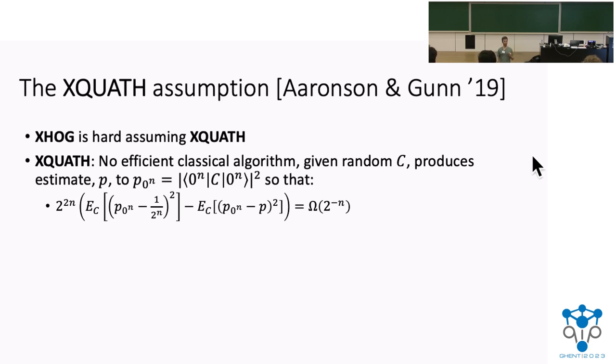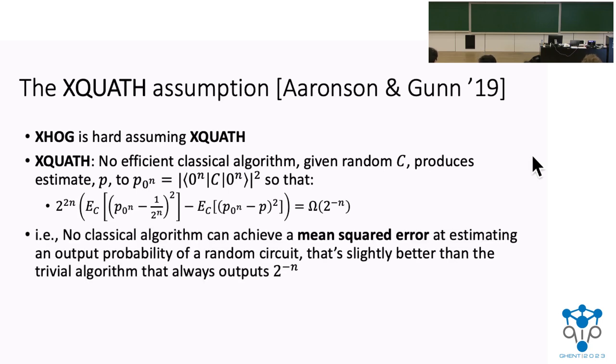It's really comparing two different algorithms and saying that there's no way to do even a little bit better than the trivial algorithm, which given a random quantum circuit always outputs 1 over 2 to the n. Or summarized, no classical algorithm can achieve a mean squared error at estimating an output probability of a random quantum circuit that's even slightly better than the trivial algorithm that always outputs 2 to the minus n.